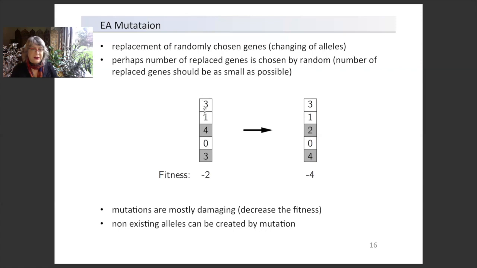The other genes remain the same. The fitness is -2 for the original chromosome, and it becomes -4 after the mutation operation. Notice that mutations are mostly damaging, decreasing the fitness, but non-existent alleles can be created by mutation only.